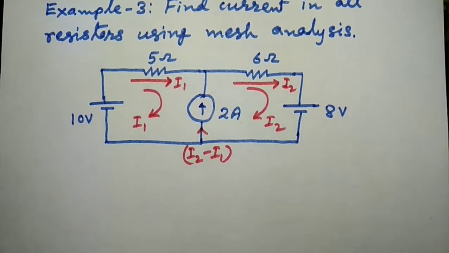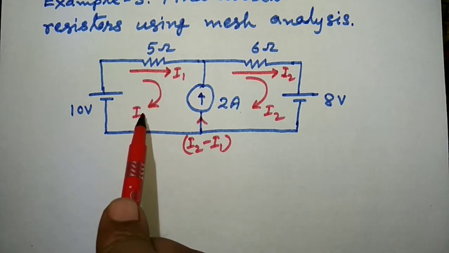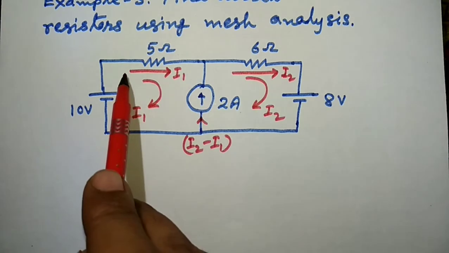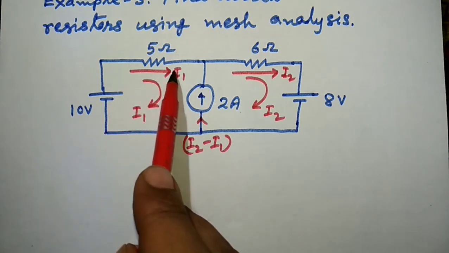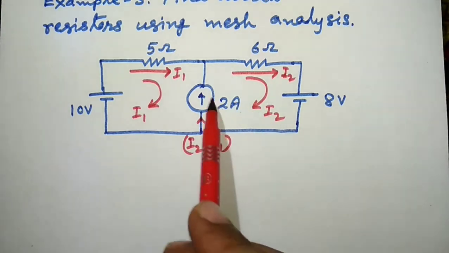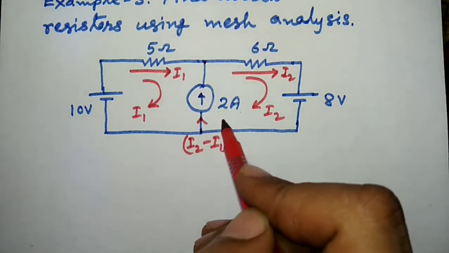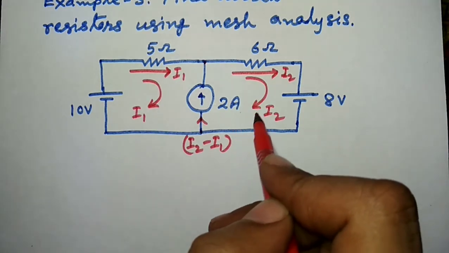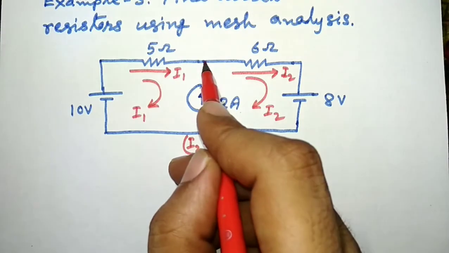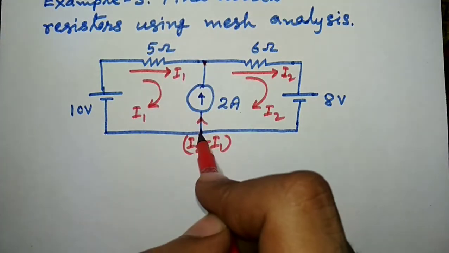So what is the solution? Here we can consider the current in two meshes, that is I1 and I2. I1 is flowing in clockwise, I2 is also flowing in clockwise. If we consider this part, you can see that the current here will be I2 from bottom to up, whereas I1 is from up to bottom.